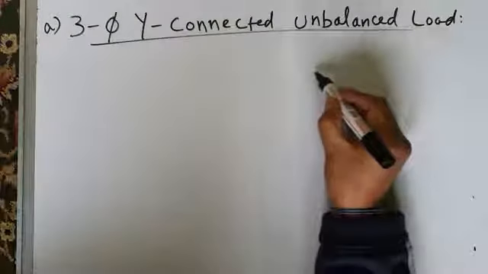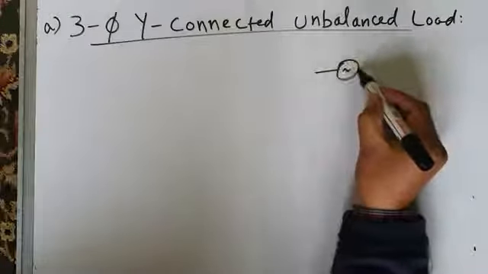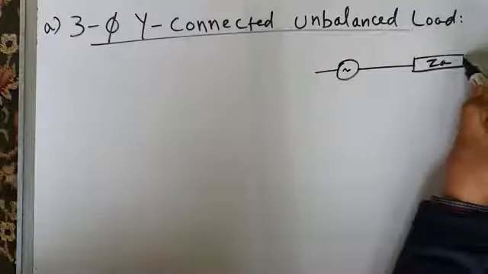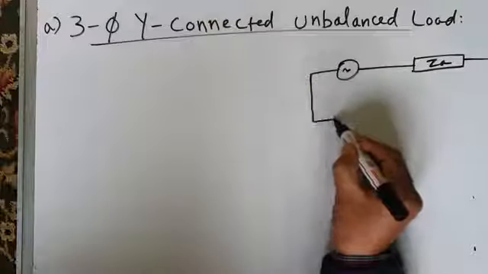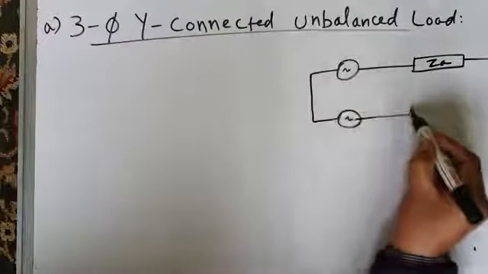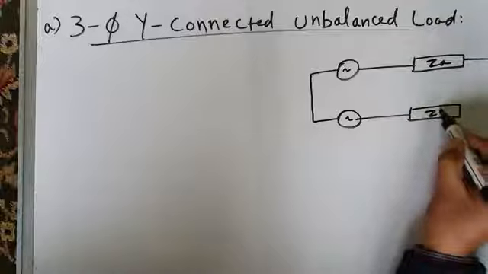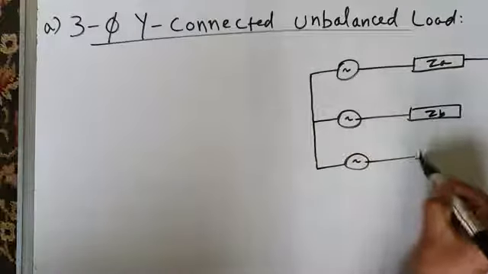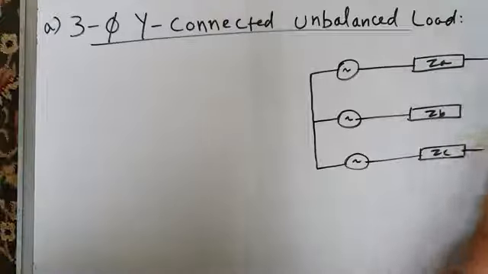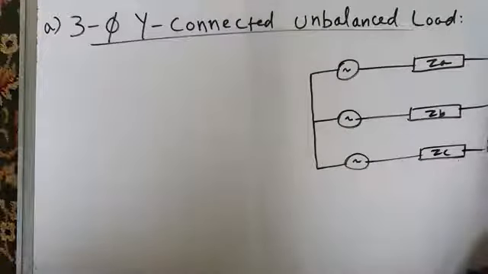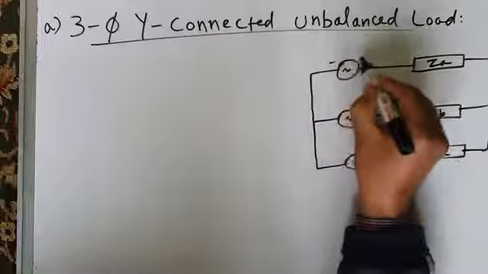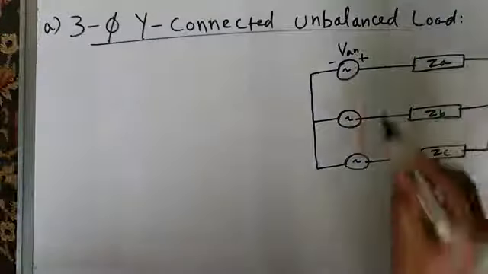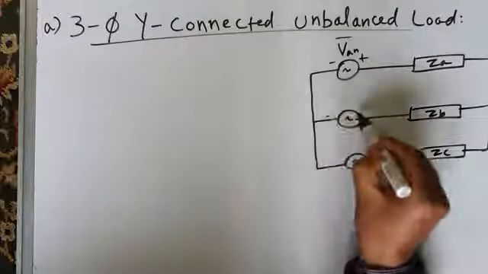Let me draw the circuit diagram. This is the circuit diagram. Let me first of all complete the circuit diagram, and I will explain it. This is phase to neutral voltage or phase voltage VAN.